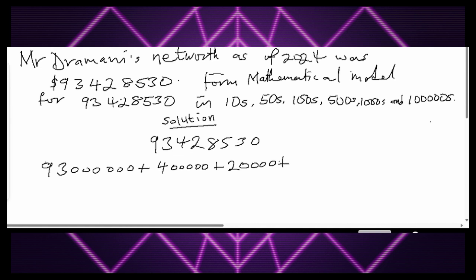After the 8, the rest of the digits which follow are 1, 2, 3, so we're going to write them as zeros. After the 8, the next digit is 5, then 2 zeros follow, right? 1, 2. And after the 5, the next digit is 3.